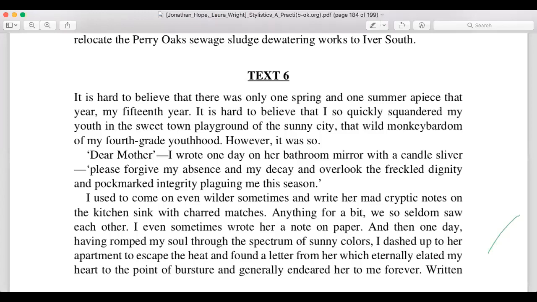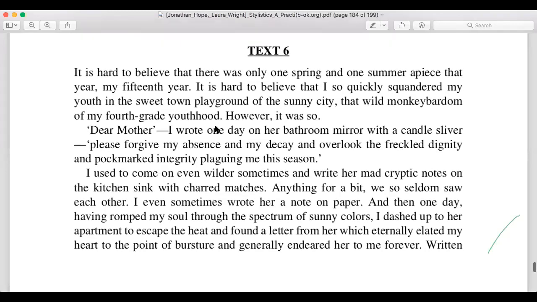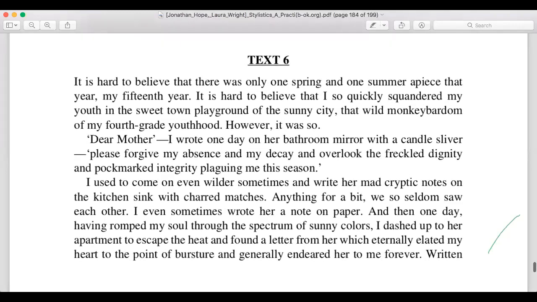Okay, let's do text 6 and let's try to find out. We are not going to work with all the morphemes, of course. Many words do have morphemes, right? So we would not be working with the familiar kind of morphemes or words that are already acceptable in the English language particularly. We would be looking at some unfamiliar words. That's the activity that we're supposed to do. People are still entering the class and that's a little distracting.